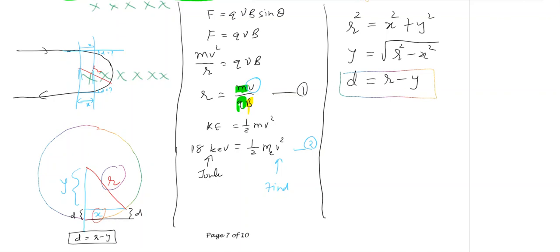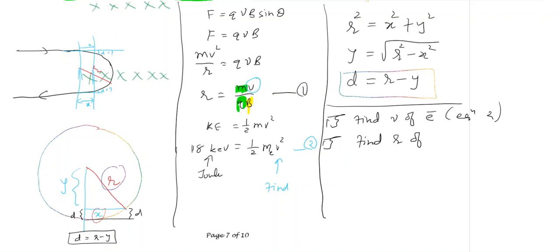Okay, so once again let us have a look at the steps. The very first thing you have to do is find v of the electron. How? Equation 2. Then find the radius of curvature. How? Equation 1. Next, find out the y component.